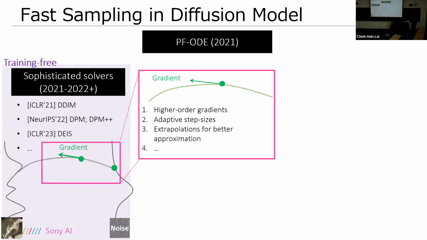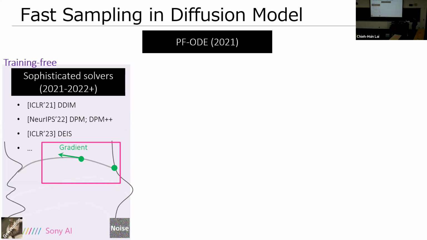It could be using higher order information to approximate your gradient, or doing some extrapolation to make the trajectory approximation even better. So there are tons of work borrowing numerical solvers for fast sampling. Unfortunately, this research direction has ended because the solvers are there. People have already run out of solvers.